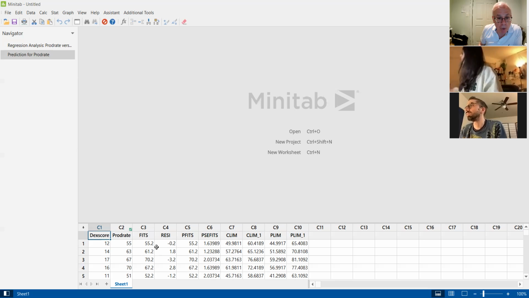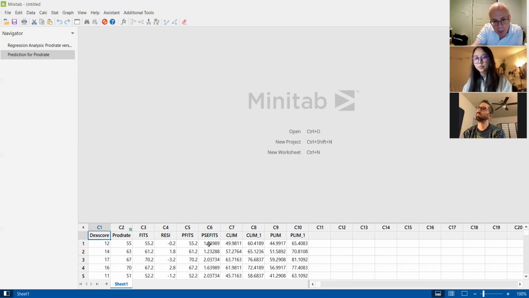They got 60.4189. So that's good. I think we just confirmed the confidence limits there, the confidence interval. Are you okay with what we just did? Yeah, sort of. And you could do the same thing for the prediction limits.